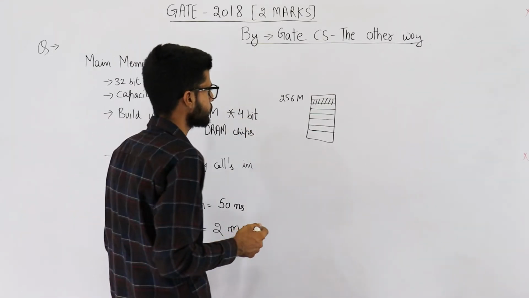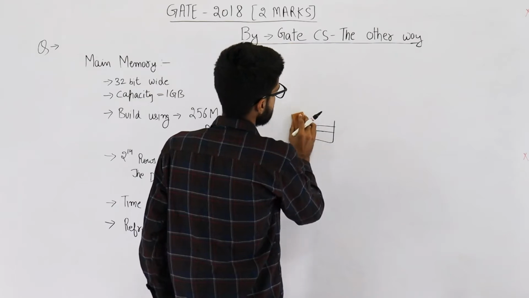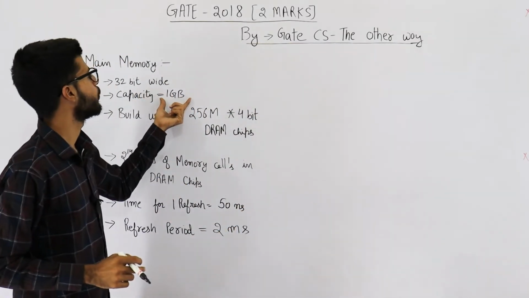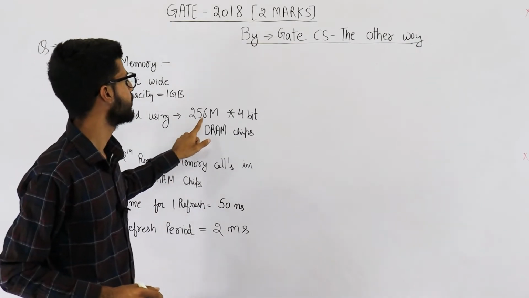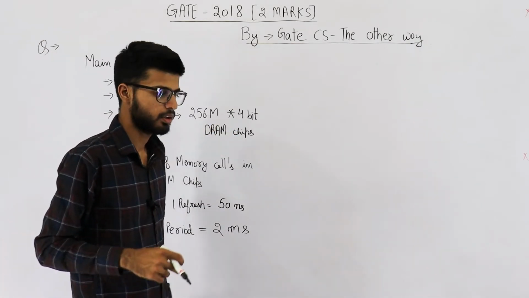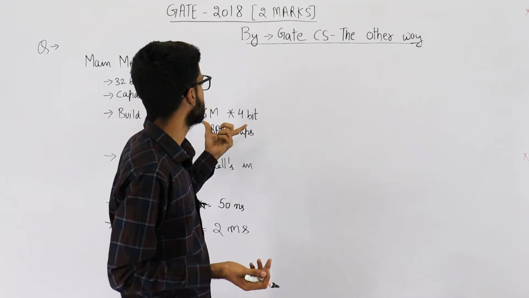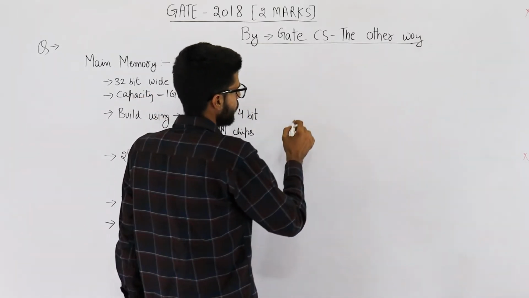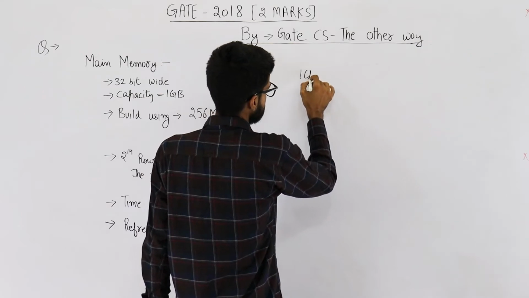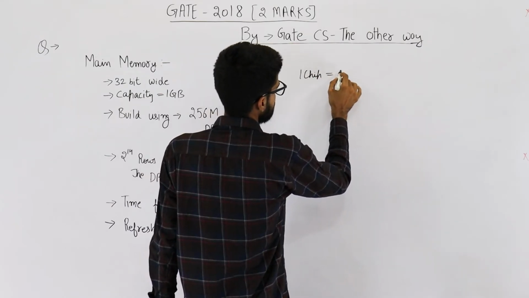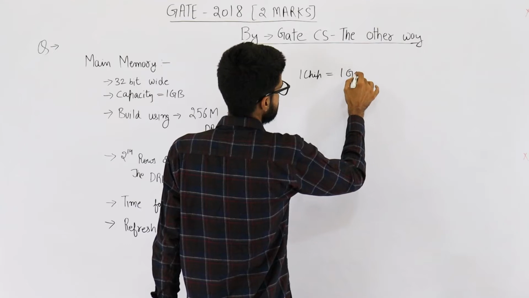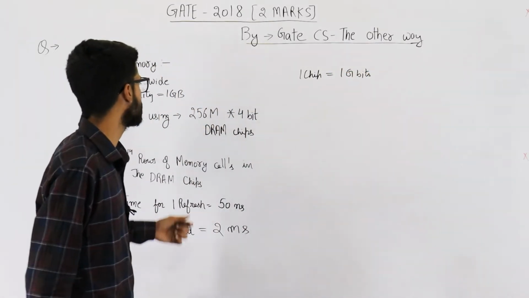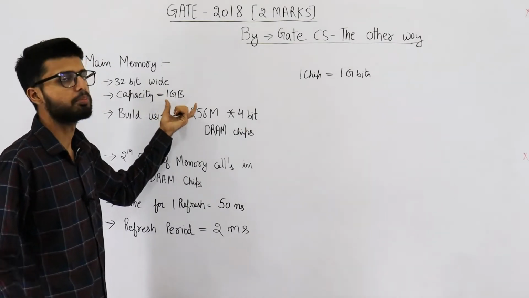Now, let's see how many such DRAM chips will make 1 GB. So 256M into 4 bit, you can calculate it, will be a total of 1 G bits. One DRAM chip is 1 G bits. Also, the total memory is 1 G bytes.